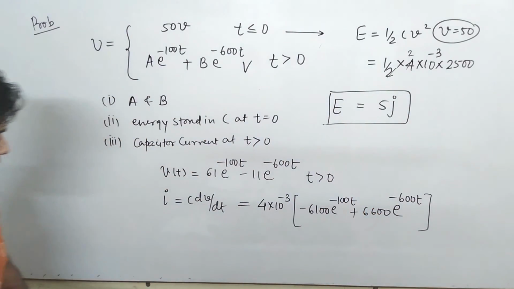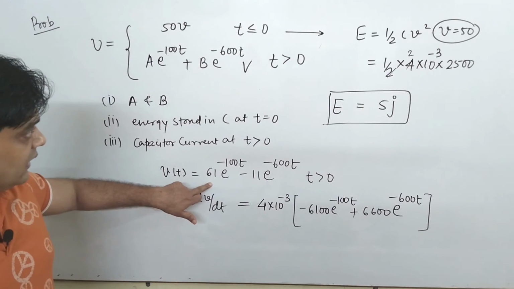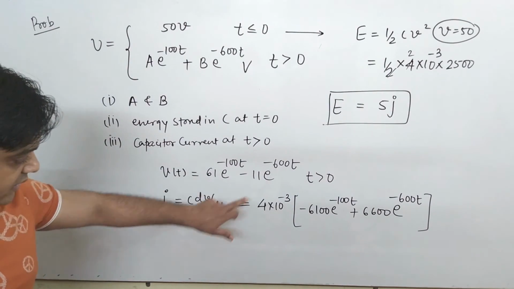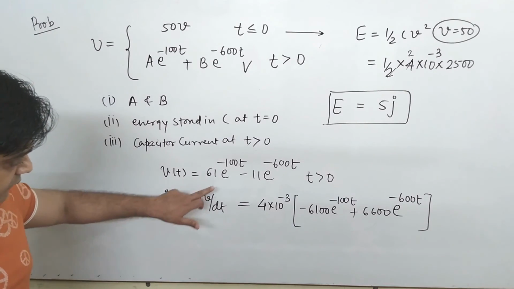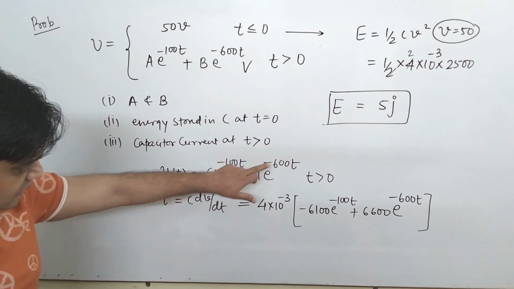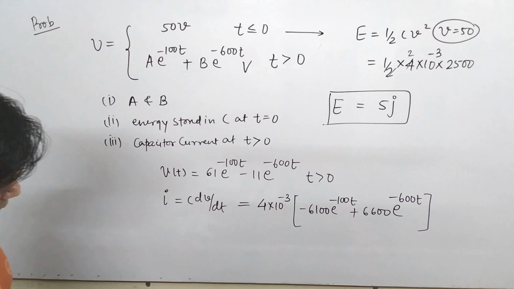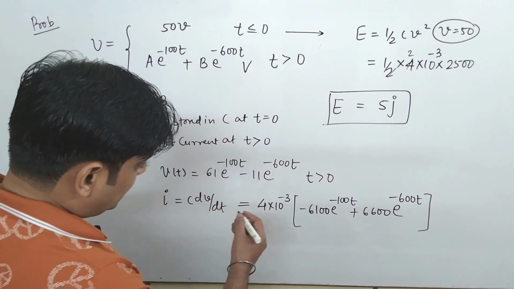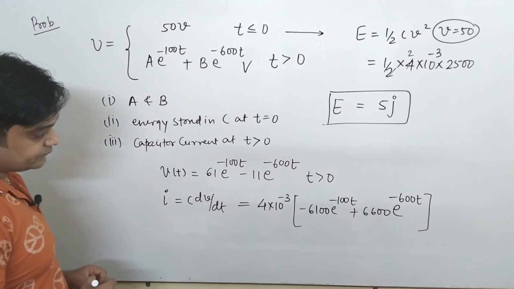Once again, please see, this is the value of A and this is the value of B. B comes to be minus 11. We have simply put it here. Now we are differentiating it. So when differentiating, that comes to be minus, and this minus plus, that comes to be plus. Now just multiply it and get the answer.